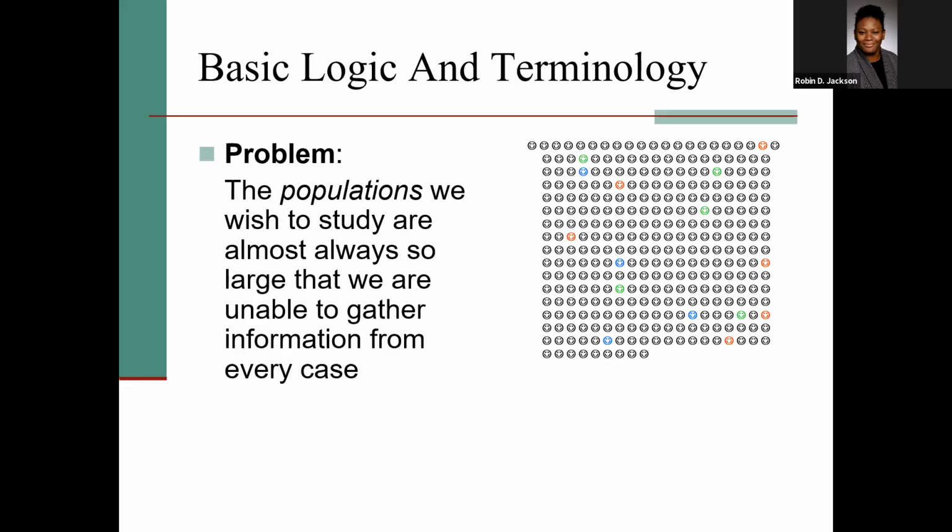It's not realistic for us to think that we'll collect data from every single person in our target population. For instance, I might want to know information about crime in Harris County. Well, Harris County has a population of well over 4 million people. I think the last time I updated my information it was about 4.3 million. I think it might be 4.4 now.